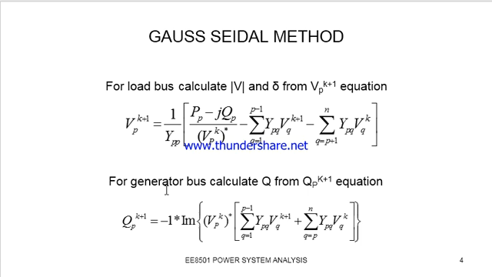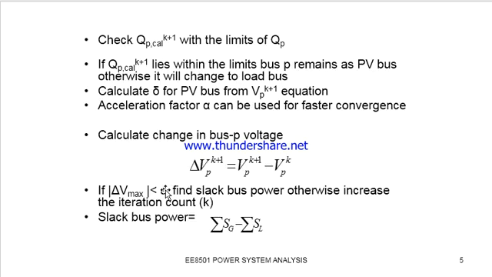Here we can clearly see that we consider the values up to p minus 1 and then we are calculating from p plus 1 to N. So specifically the value of p is being calculated here. Similarly, for a generator bus, we can calculate Qp k plus 1 in order to calculate the Q value as it is given.